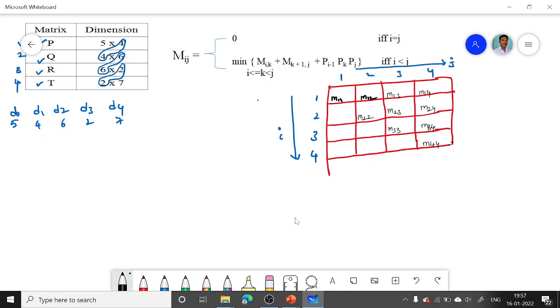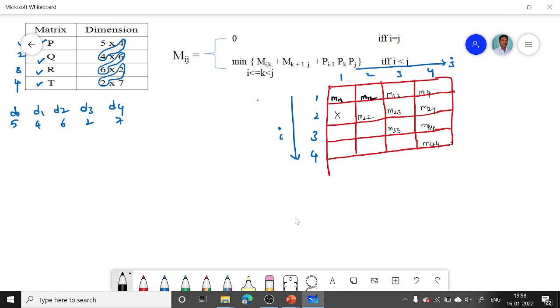So mind you, we know the I value must be either equal or less than j. If I value is greater than the j, not possible to do the matrix multiplication. So here second matrix is not going to be multiplied with 1, but first matrix is multiplied with 2. Yes.